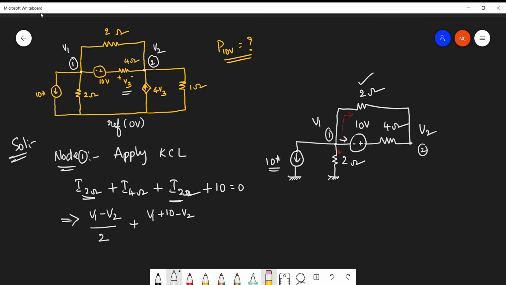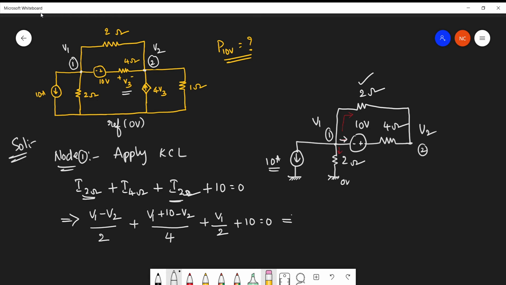This is the voltage across the 4 ohm resistor divided by 4. Plus the current passing through the 2 ohm resistor connected between node 1 and node 0, that is V1 minus 0, since the voltage there is 0 volts. So simply V1 by 2.